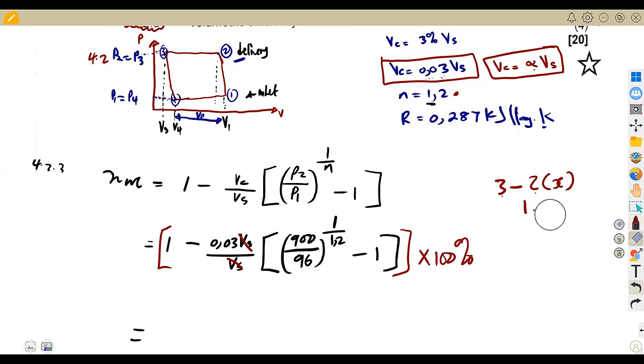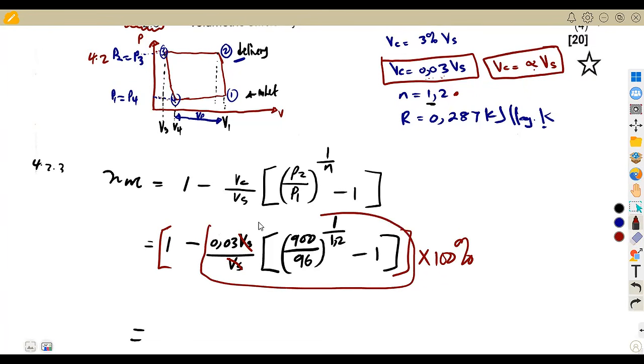You cannot do that because 2 and x are multiplied. So you simplify this first, and it's going to be 3 minus 2x, which cannot be combined. So you do not subtract these two, because this part is supposed to multiply this first.